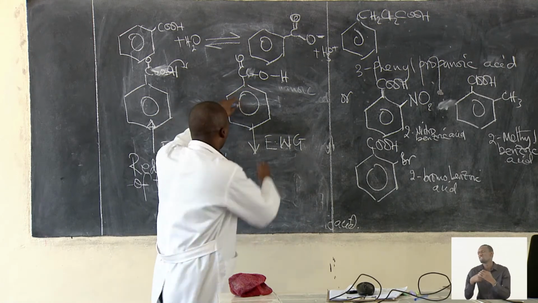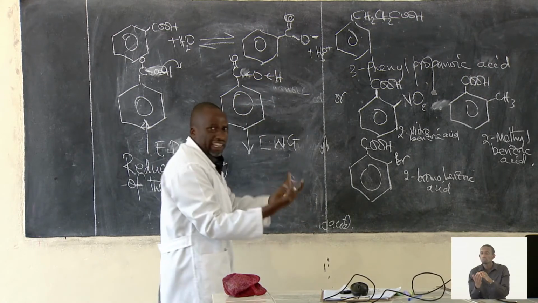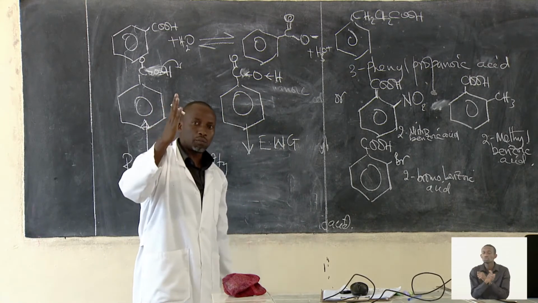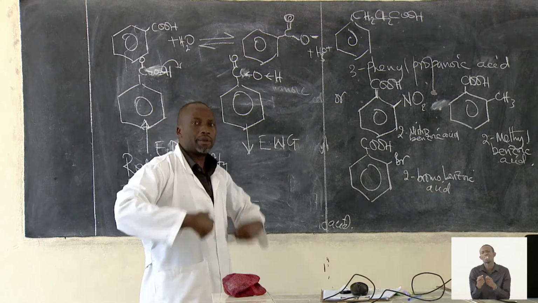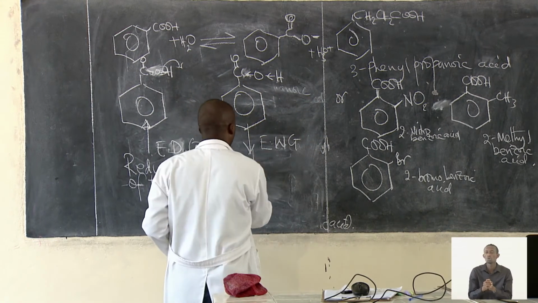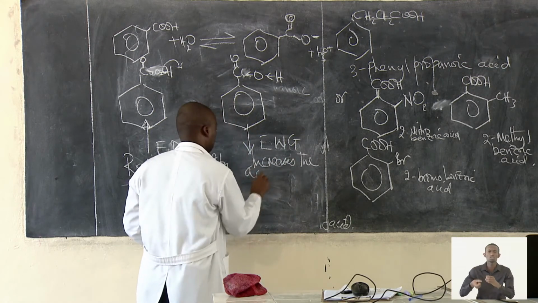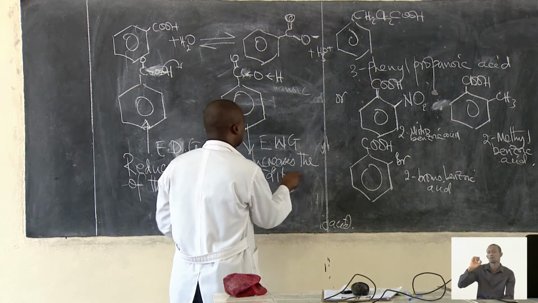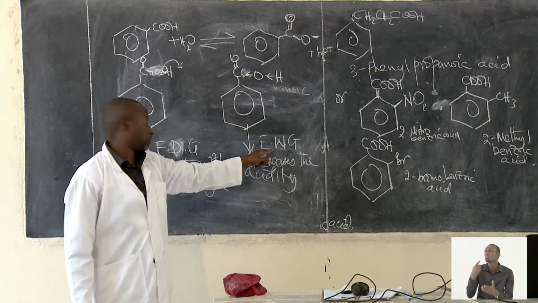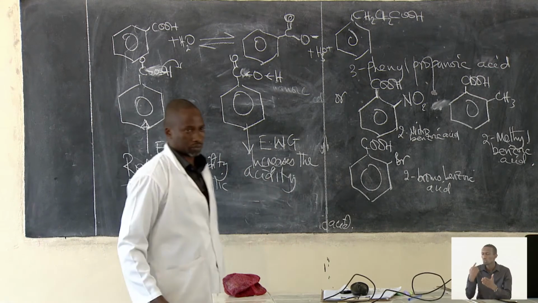That changes the direction, this bond weakens. As the bond becomes weaker, then the ability to release the proton goes high. So this one increases the acidity. What increases the acidity? Electron withdrawing groups. What reduces the acidity? Electron donating groups.